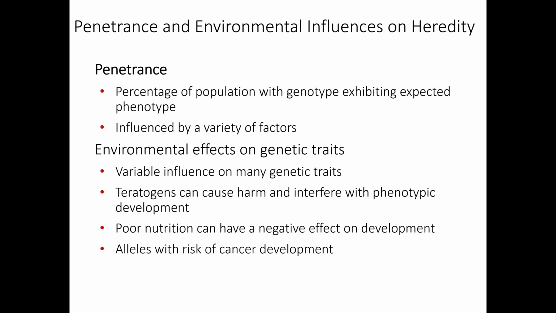Based on the genetic makeup and what we know, whether it's a dominant or recessive allele, it should all express. But maybe we see in the population that it only expresses in 90% or 80% of the cases. Then how do we square that?